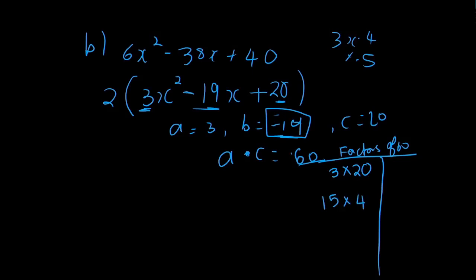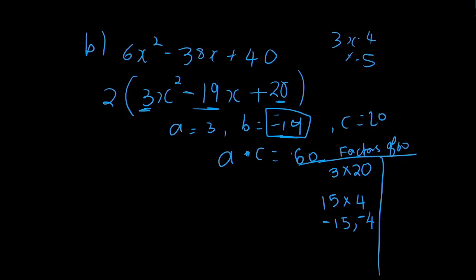But if I add 15 plus 4, I get positive 19, and I'm interested in negative 19. So how about negative 15 and negative 4? Negative 15 times negative 4 gives me the product of 60, and their sum is negative 19.